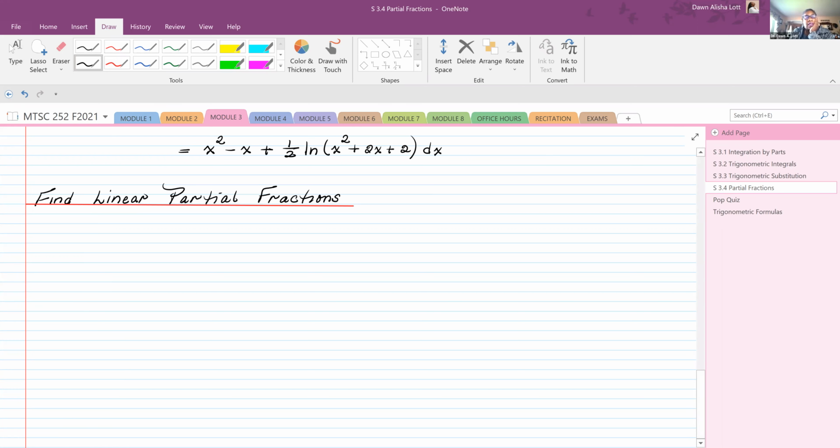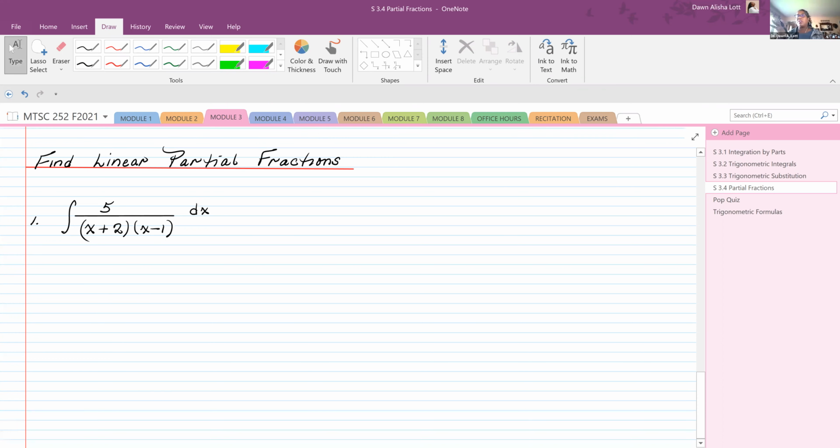Okay, so the technique is as follows. Here's a problem. I want to compute the integral of 5 over x plus 2 times x minus 1 dx.